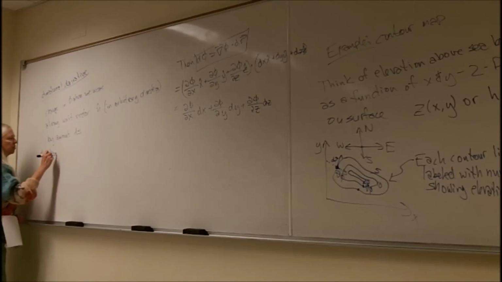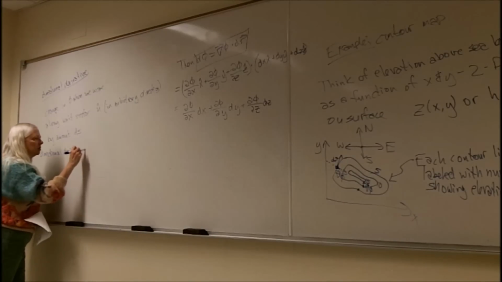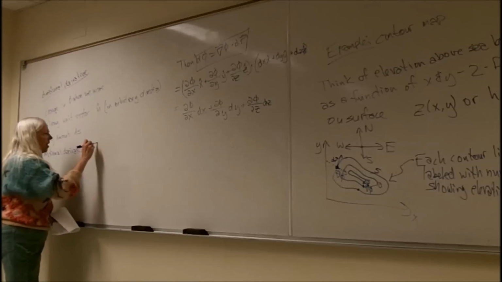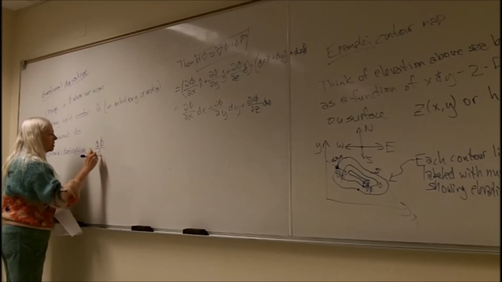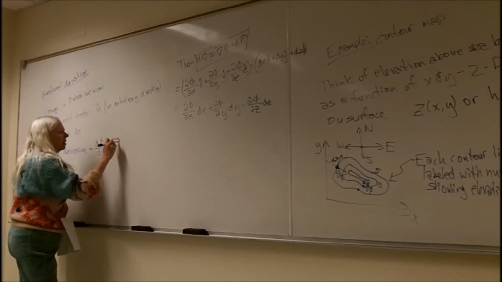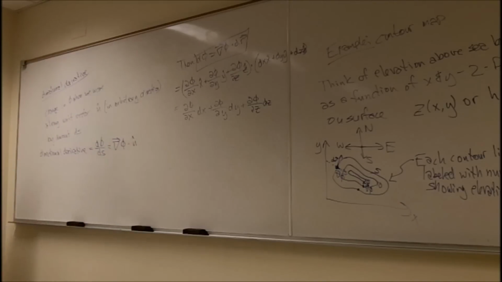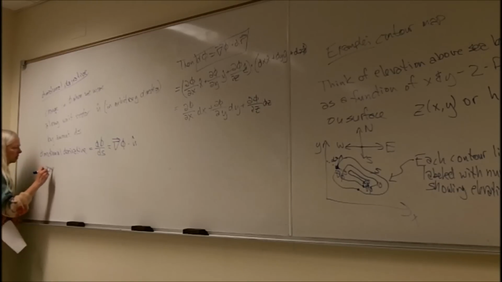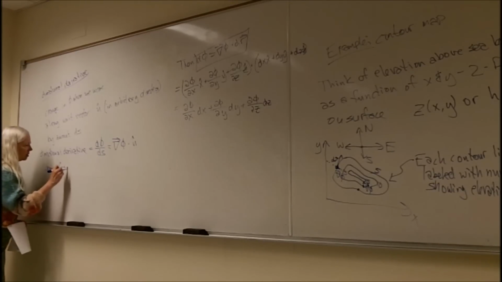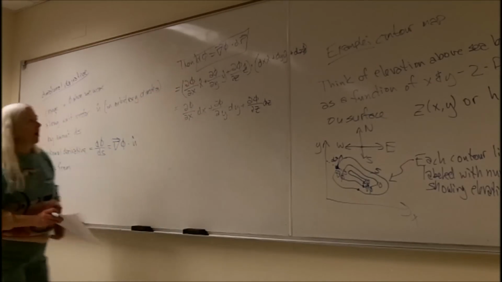Okay, so the directional derivative, which we'll often write as d phi ds, is the gradient of phi dotted into the unit vector whose direction we want to move along. This comes from this right here.